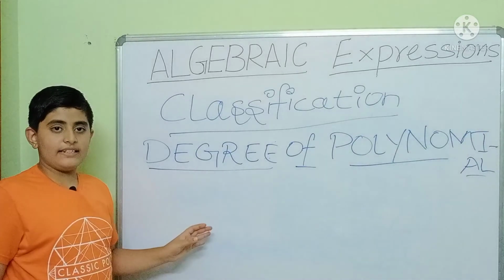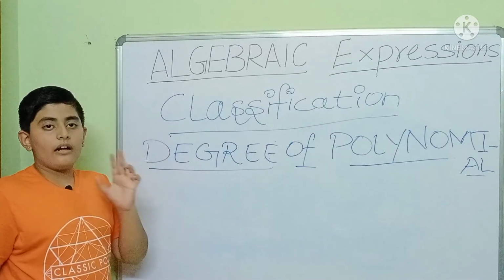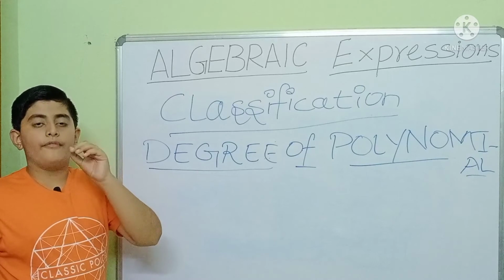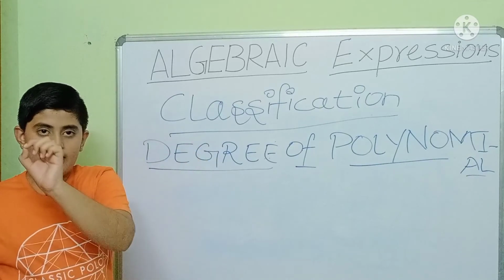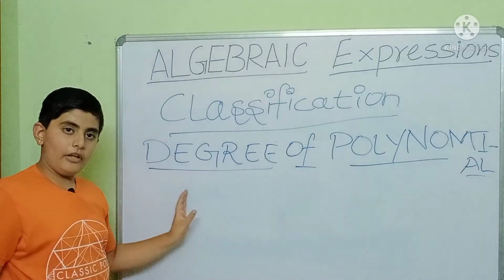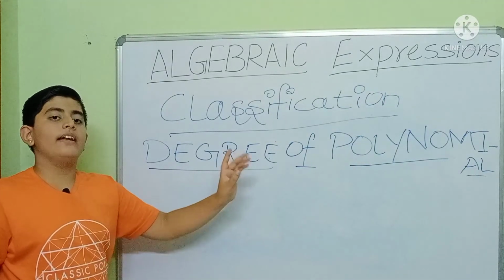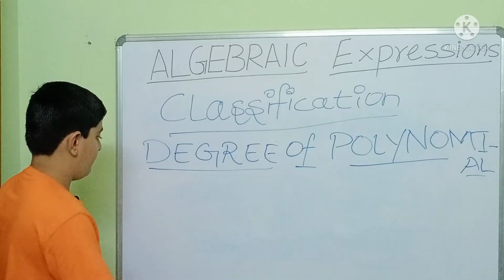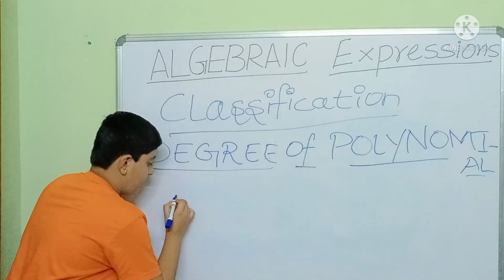If in case there are more than one variable in a polynomial expression, then the sum of those powers will be the degree of polynomial. Let's take an example.